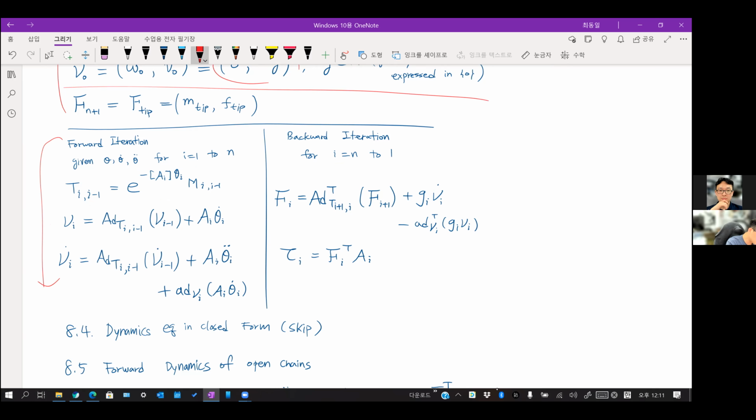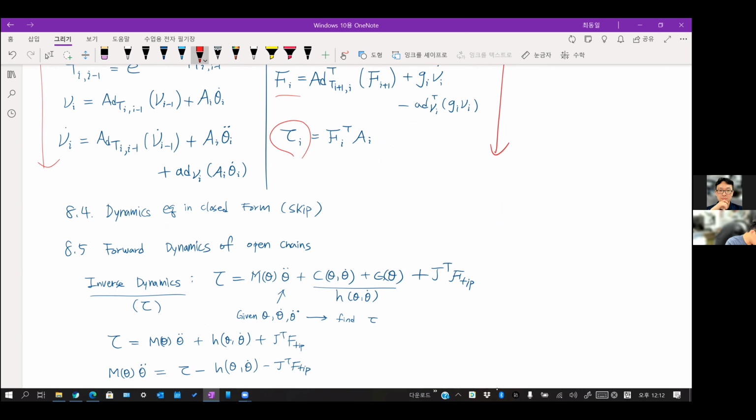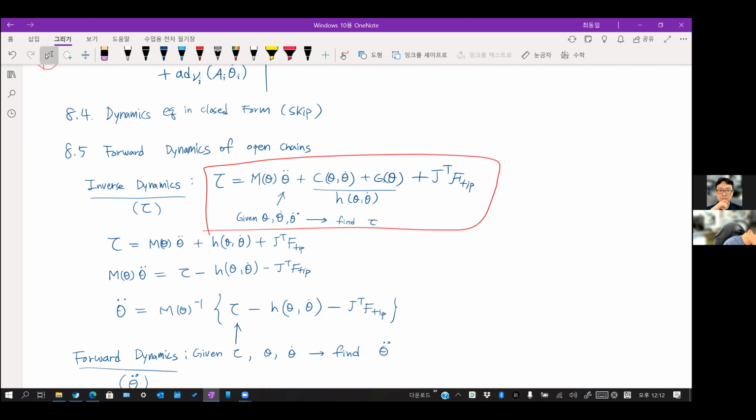After that, we do the backward iteration from n to 1. So in here, we already know the information about this one and this one. We can calculate this one, and finally we can calculate the torque by multiplying the body screw axis.